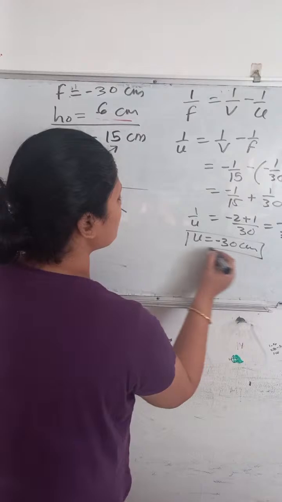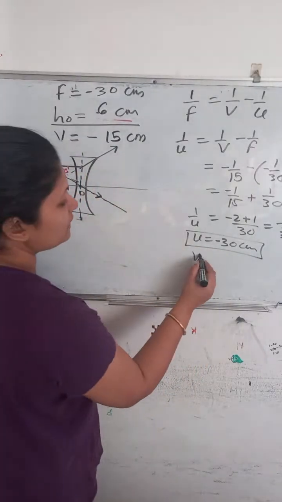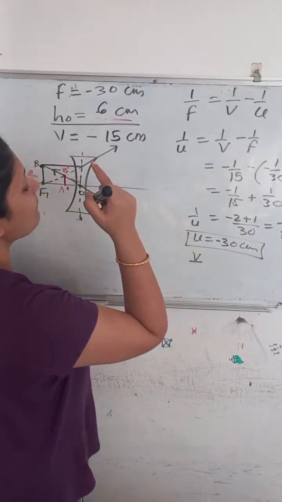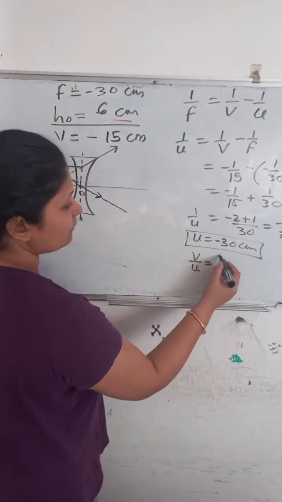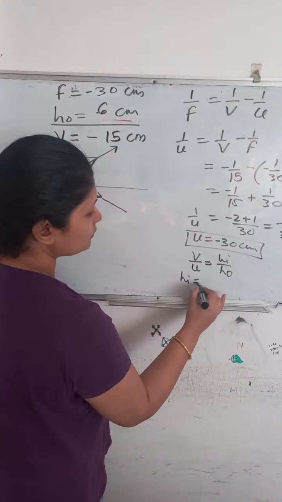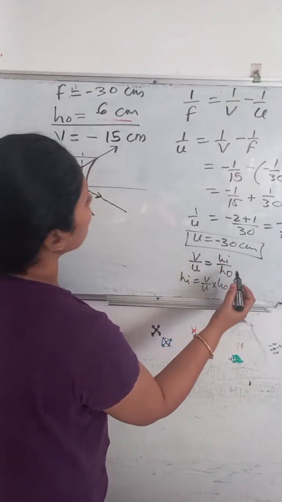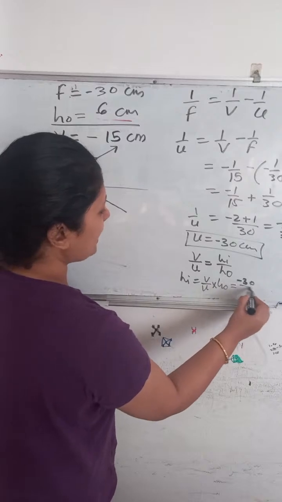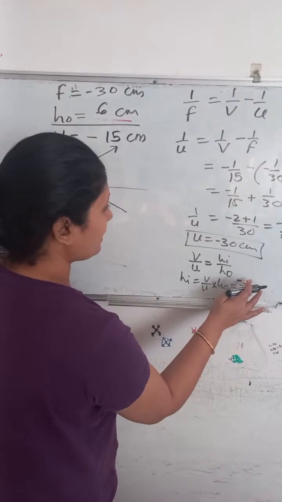Once you get the U, they are asking us to find out the HI. So we know that in case of lens, magnification is V by U, which is equal to HI by HO. HI I have to find out, so V by U into HO.